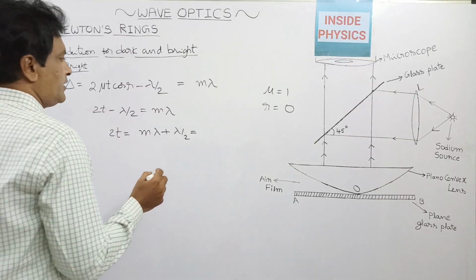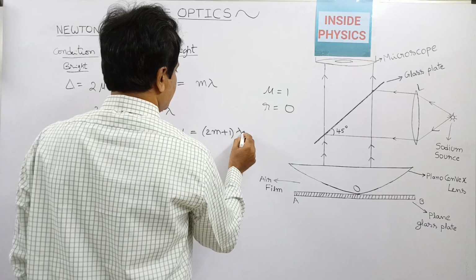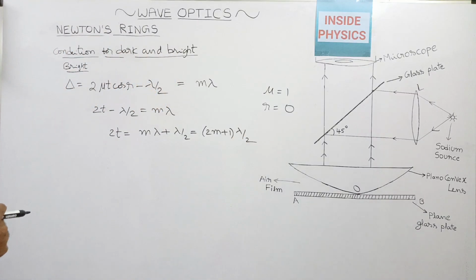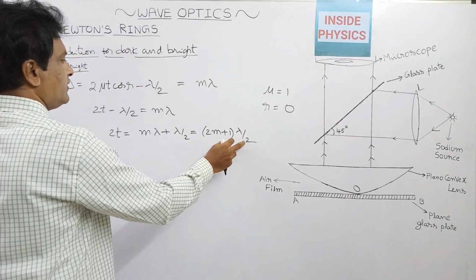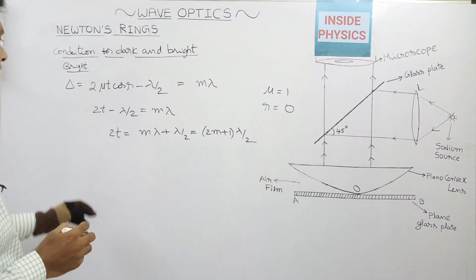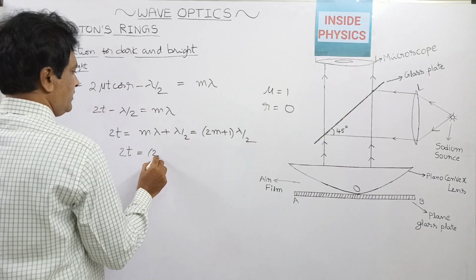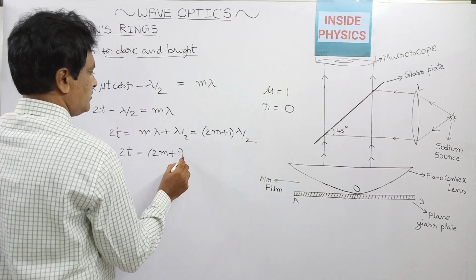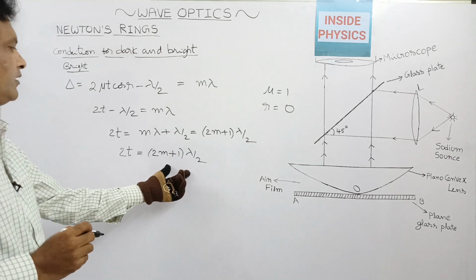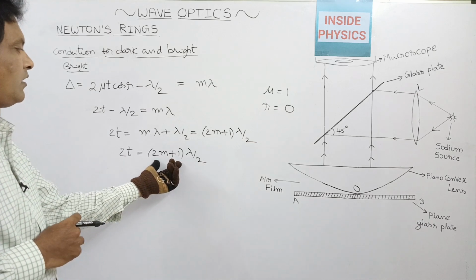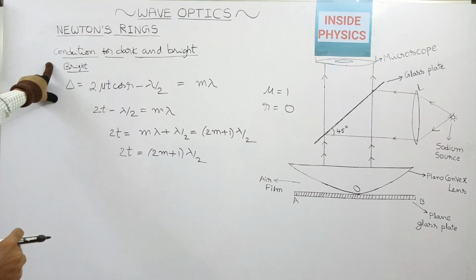If you take the lambda by 2 outside, this will become 2t is equal to (2m plus 1) lambda by 2. So the condition for the bright fringe is 2t equal to odd integral multiples of lambda by 2, then a bright fringe is formed.